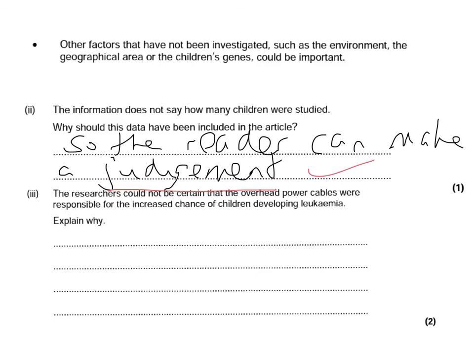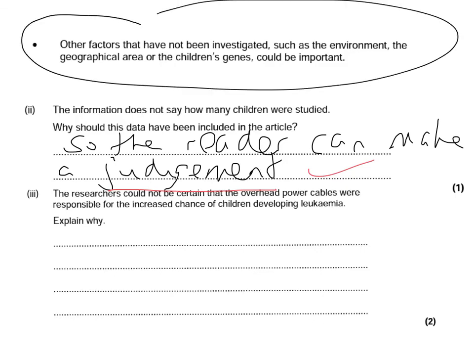This next one says the researchers could not be certain that the overhead power cables were responsible for the increased chance of children developing leukemia. So explain why. I'll just drag this bit out here because that was from the text that we read through. And the reason why is that other factors could be to blame.